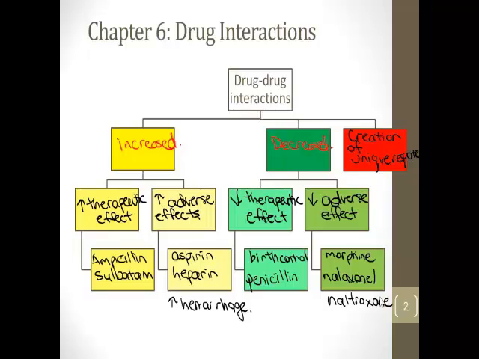Now, the third category, creation of a unique response, is what happens with people who are on disulfiram. And disulfiram is Antabuse, so it's given to people who want to stop their intake of alcohol.